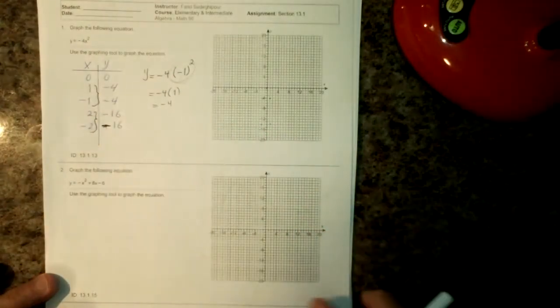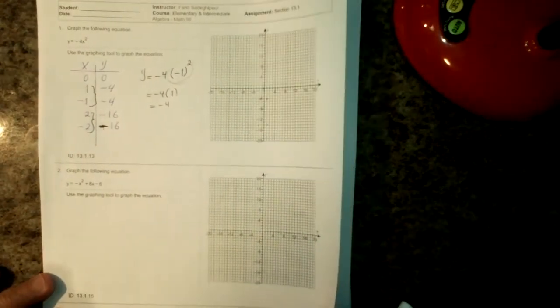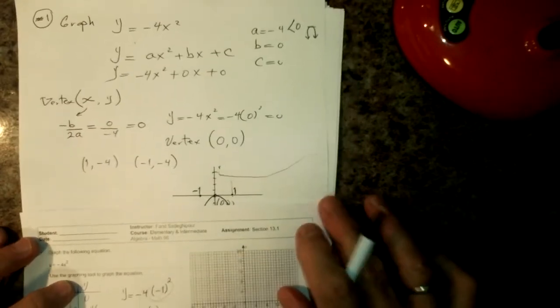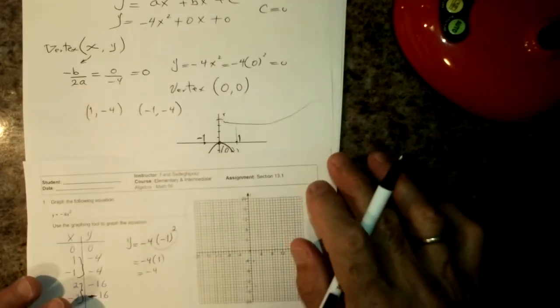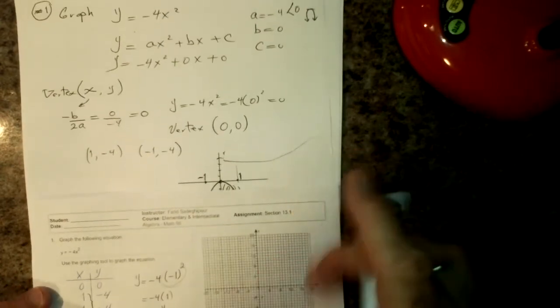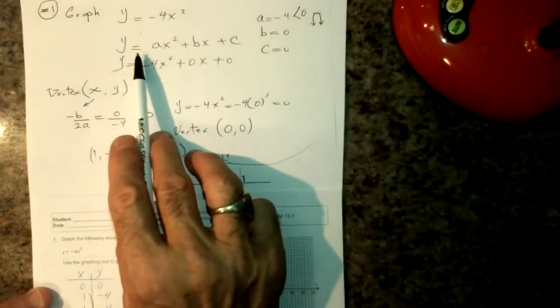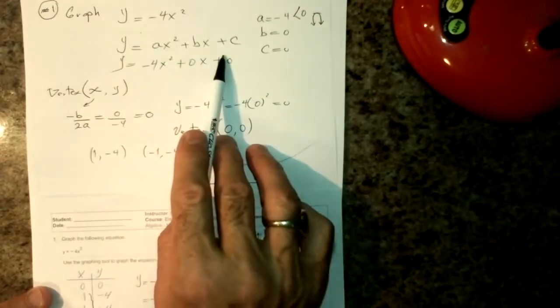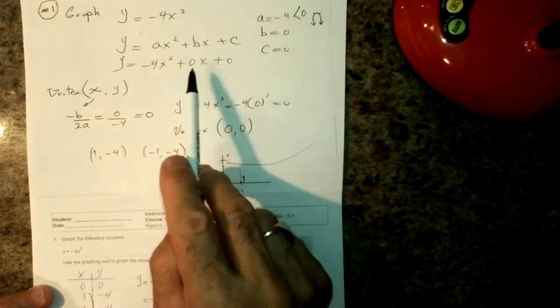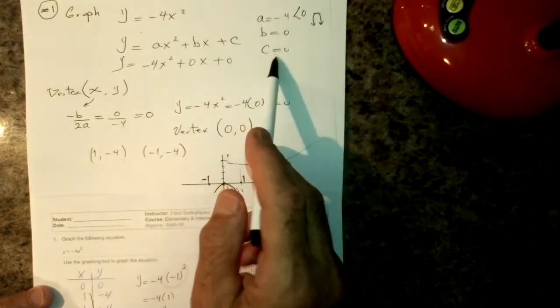Okay, so now how do we graph it? I'll show it here. What I do is, in a problem like this, first I find the right equation for it. The equation for a parabola that has y to the power of 1 is this. So when I write that under this one, then I notice that b and c both are 0.